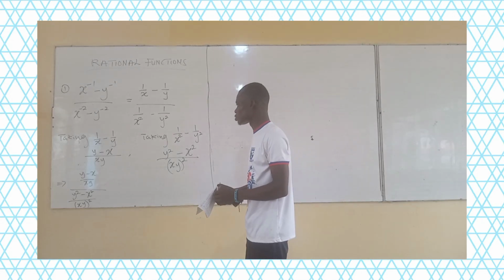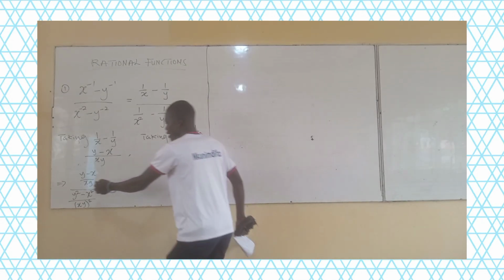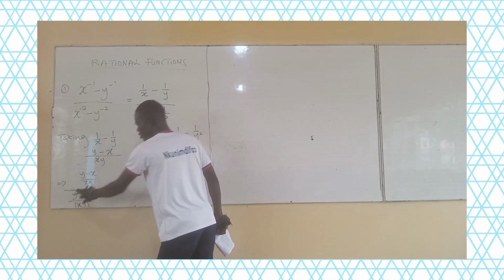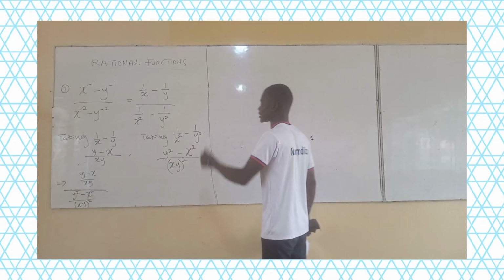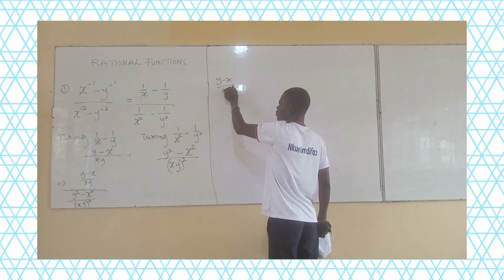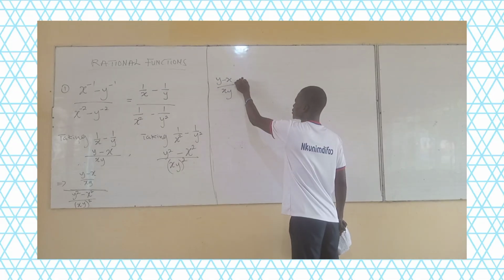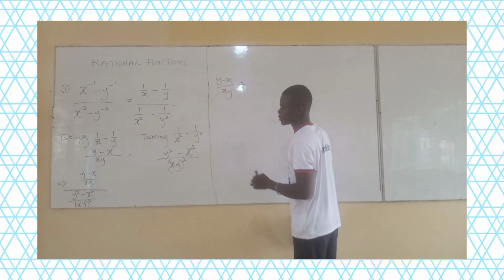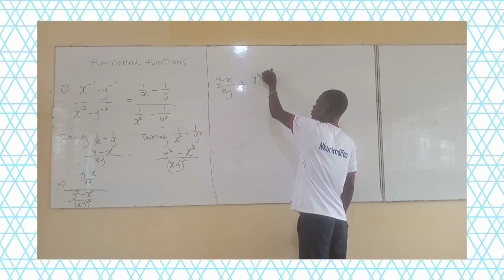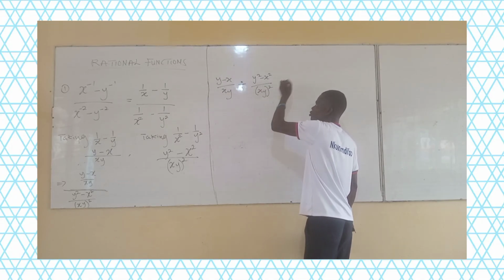Since the numerator is divided by the denominator, we can rewrite it as y minus x over xy divided by y squared minus x squared all over xy all squared.